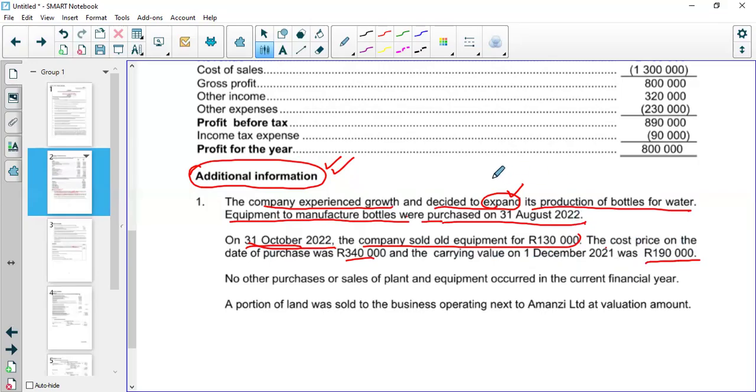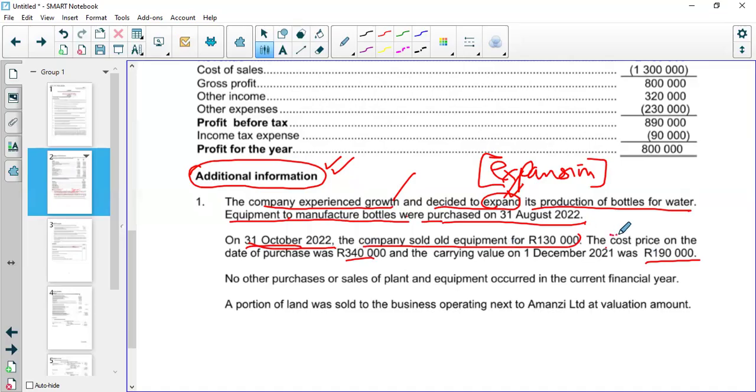Now, if you look at this additional information, it wants us to account for the increase in equipment as an expansion. So we will remember that there is an expansion here. But within that expansion, we need to remember that not everything was an expansion, right? Because there was a sale.